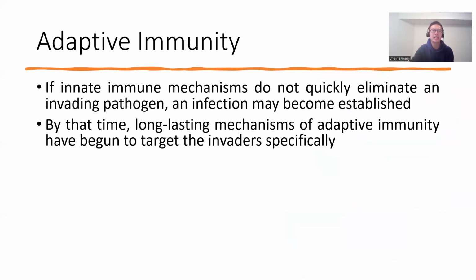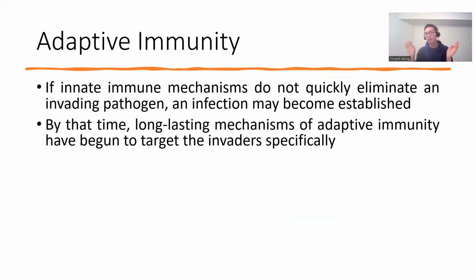If innate immune mechanisms do not quickly eliminate an invading pathogen, then you have an established infection, which is why you need to create the adaptive immunity. If you compare the innate versus adaptive, the innate is more general strategies.